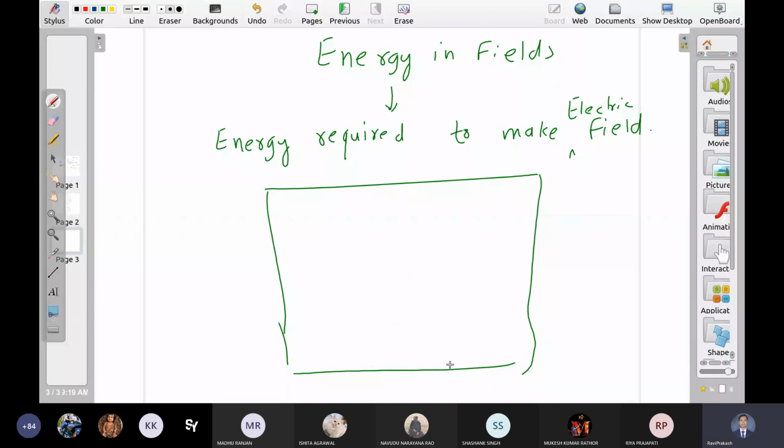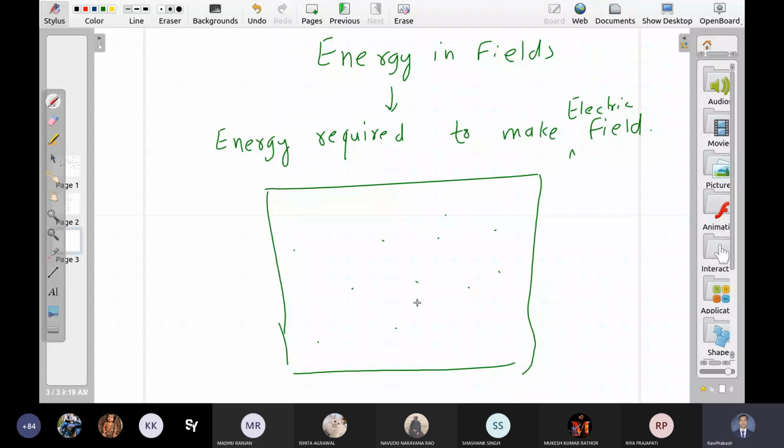So how do we generate an electric field? By bringing some charges, by putting some charge, right? As soon as we put some charge, there is an electric field in this universe. But can we put charge in the universe without doing any work?